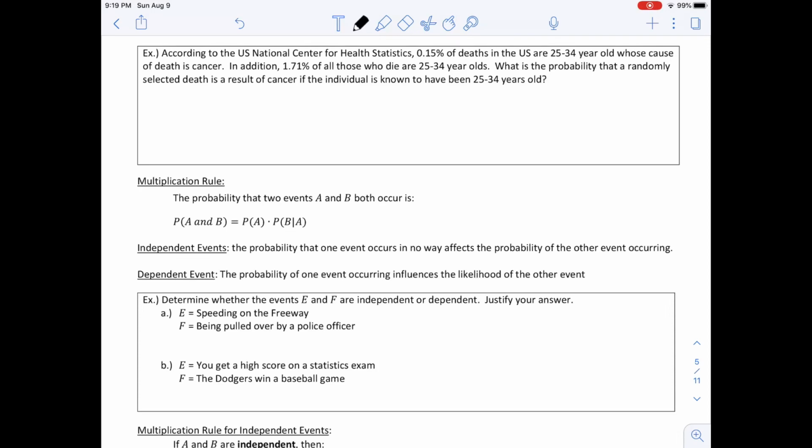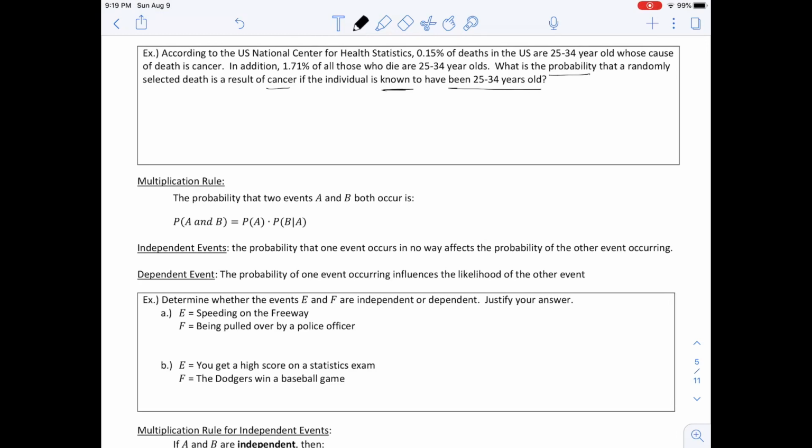In addition, 1.71% of those who die are 25 to 34 years old. What is the probability that a randomly selected death is a result of cancer if the individual is known to have been 25 to 34 years old?